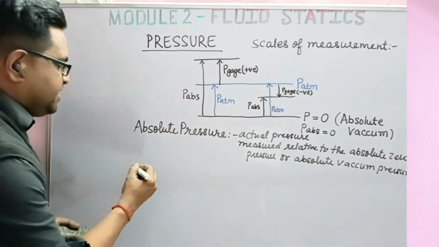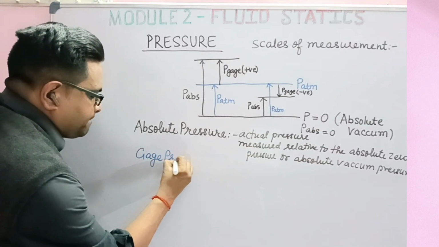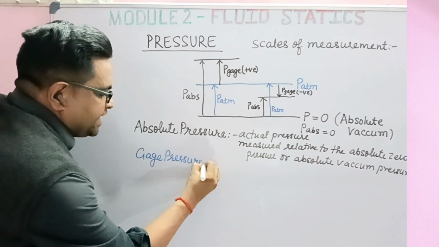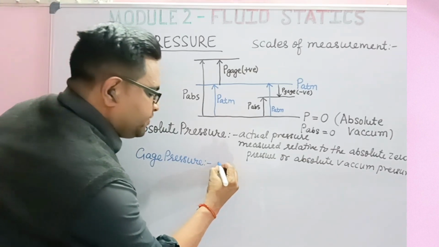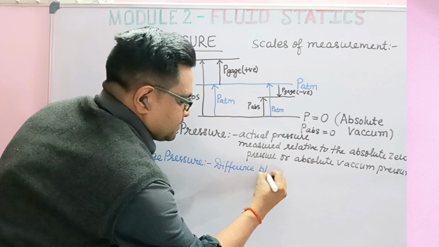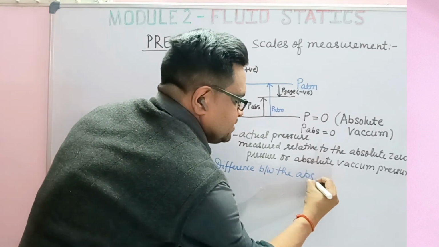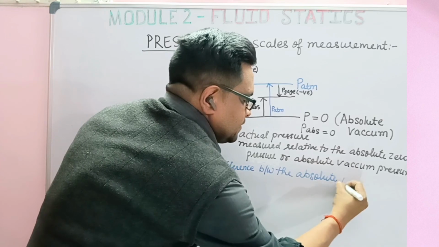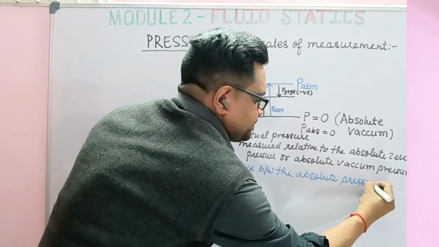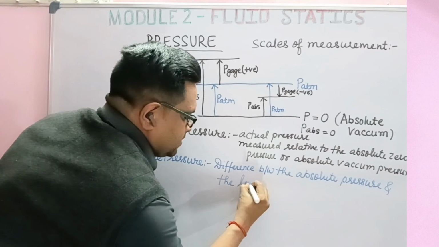And secondly, we have the gauge pressure. Gauge pressure is simply the difference between the absolute pressure and the local atmospheric pressure.